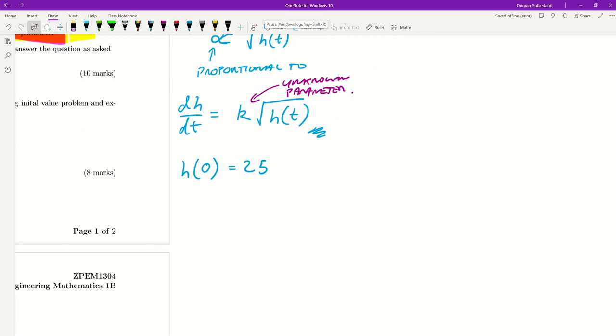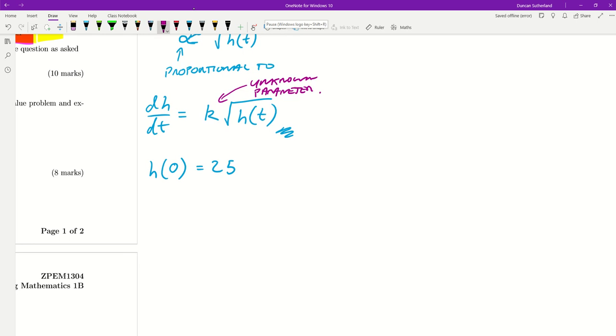This ODE is non-linear. This is an h square root h, right? You've got h inside some function that's not just power 1, it's non-linear. This equation is, however, separable. So let's separate.